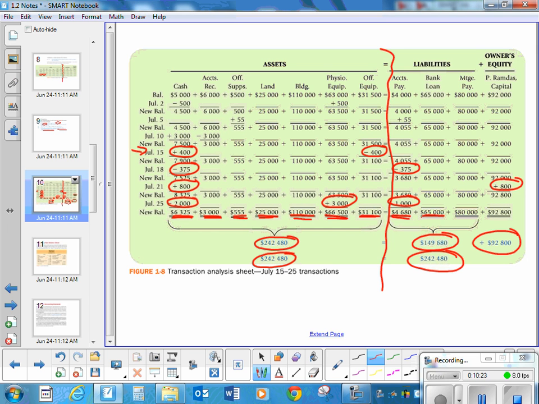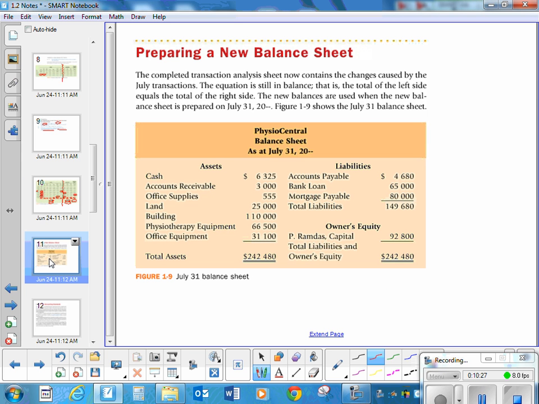What we're going to do is transfer these to a balance sheet. We already talked about how to do a balance sheet. Okay, and so now it's at the end of the next month. So do you see how the date has changed to July 31st? It has the assets on the left side, the liabilities, and the owner's equity on the right side. Okay, and then the formatting is the same as what you've already learned to do. Okay, so that's a transaction analysis sheet.